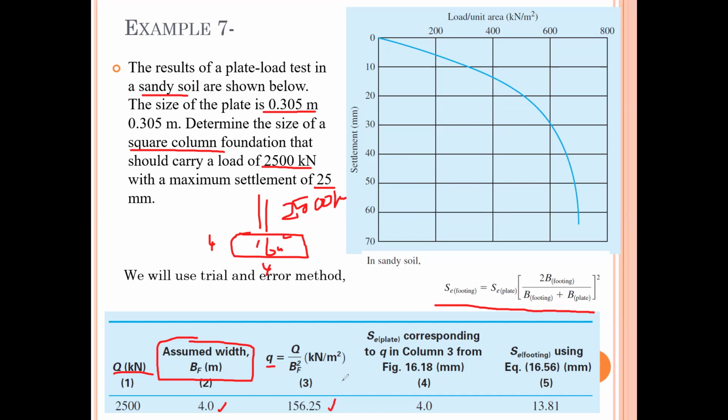So then with the bearing capacity for the load, 156, so 100, this 100, somewhere here, this value is read as 4 millimeter settlement. So now the settlement of the plate is 4 millimeter.